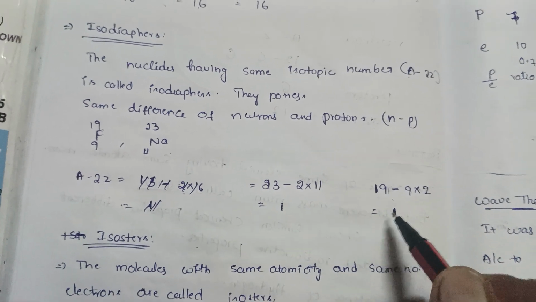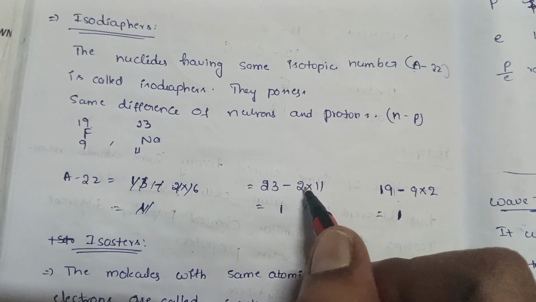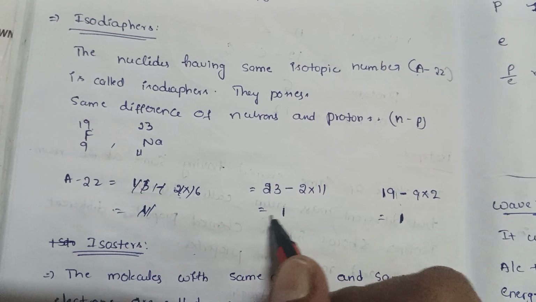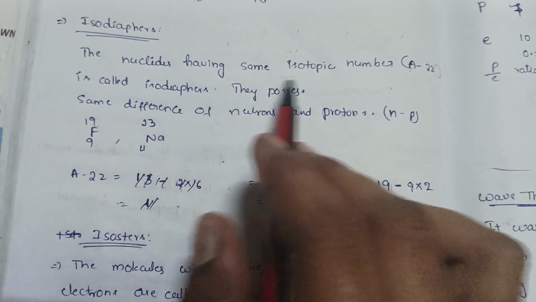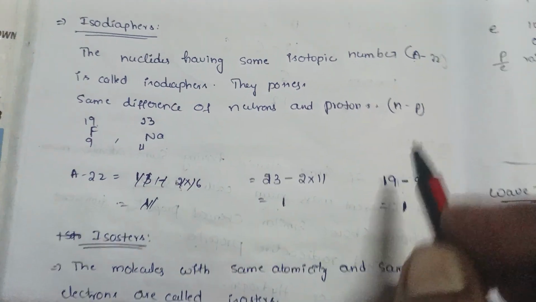We got 1. For sodium, 23 is the mass number, 2 into 11 atomic number, we got 1. Same isotopic number. So these are isodiaphers.